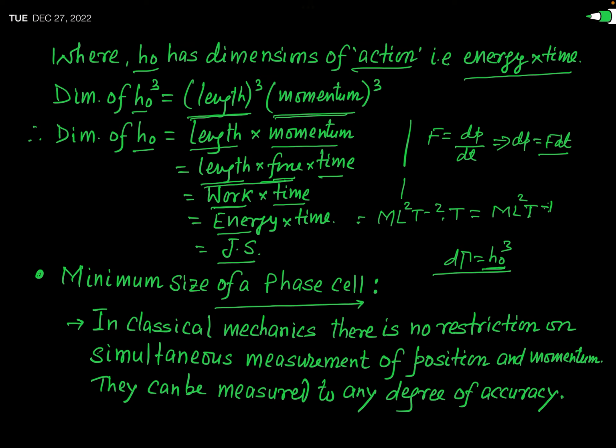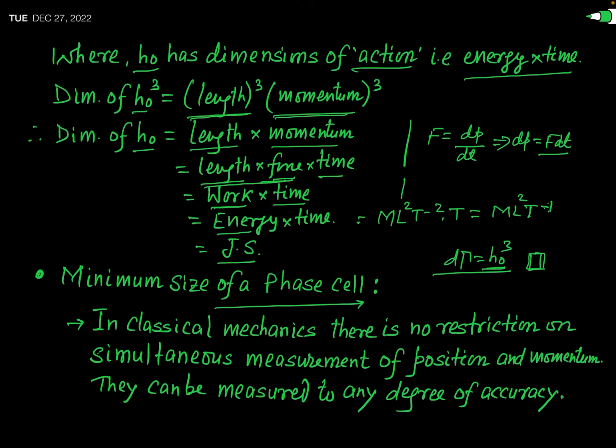Okay? And in classical mechanics, you know that a particle is treated just like a point with no dimension. So when you talk about this phase cell in terms of classical mechanics, the size of this cell may be continuously decreased, and finally it will turn into a particle and its volume will tend to zero.